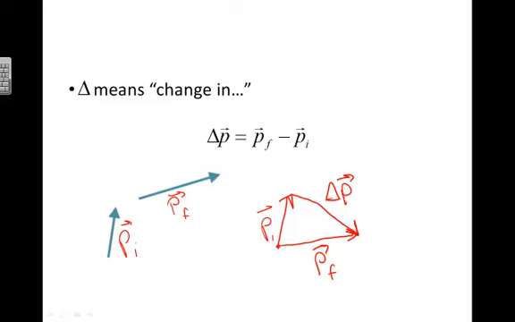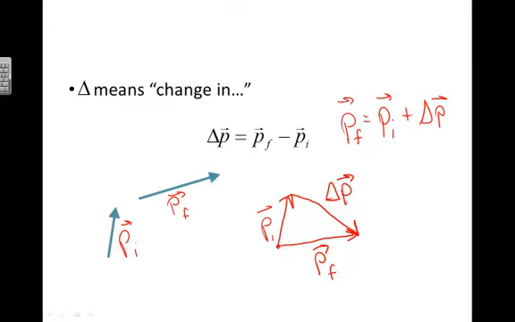If we rearrange this by adding P initial to both sides, an equivalent equation would be that P final is equal to P initial plus delta P. This is an important concept to understand: if we know what some value is initially, and it goes through some change, if we add those two together, that gives us our final value.